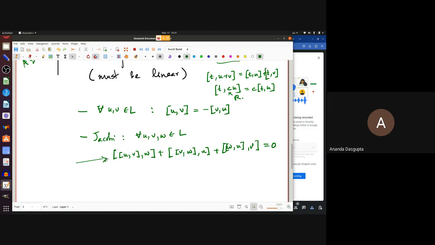Okay? Yeah? So these are the defining properties of the Lie bracket. Any bracket, no matter where it came from, no matter what its origin was, if it obeys these properties, you would call it a Lie bracket, and the corresponding algebra would be called a Lie algebra. So that's the abstract definition of a real Lie algebra for you.